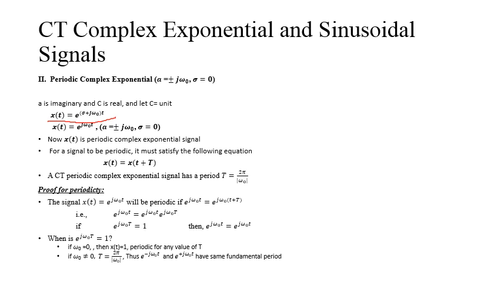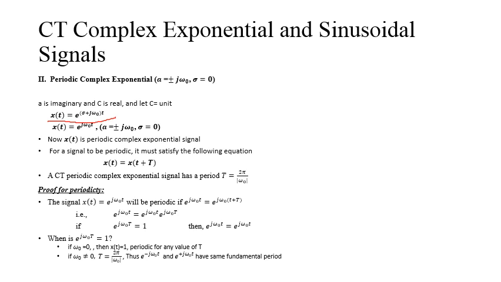So depending on the value of A and C, especially A, right? So if A is positive, in that case we had an exponentially growing signal. If A was negative, in that case we had an exponentially decaying signal. And in this particular case, we assume that A is real, so that means the imaginary part was assumed to be 0.